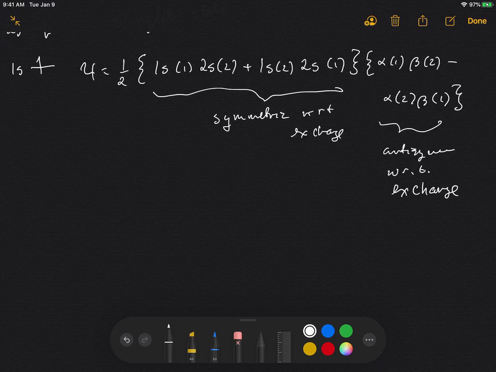In other words, which is the lowest energy excited state, and which one is a little bit above that? And it turns out that the triplet state is lower in energy.